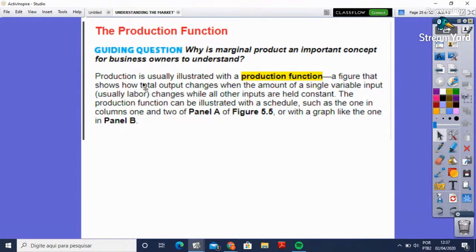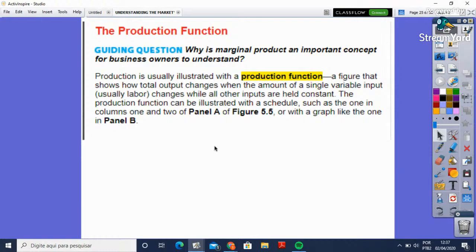In this figure, it will show you how total output changes when the amount of a single variable input changes. The variable input that we're going to be talking about is usually labor. And in a production function, we're going to take a look at how this affects my output.